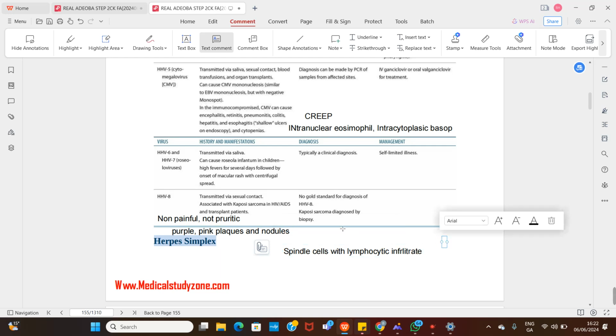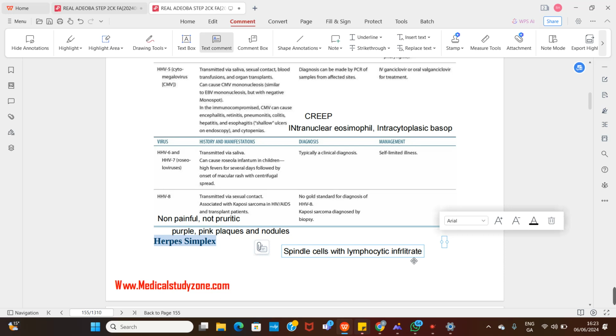Very easy. So you diagnose it by biopsy. Although there may be no gold standard, your biopsy will help you, right? It will increase your suspicion when you see spindle cells with the lymphocytic infiltrate.